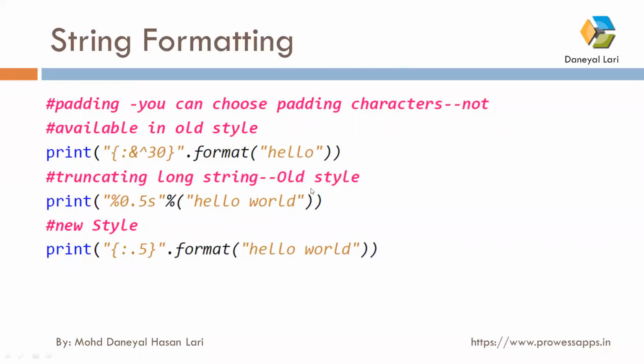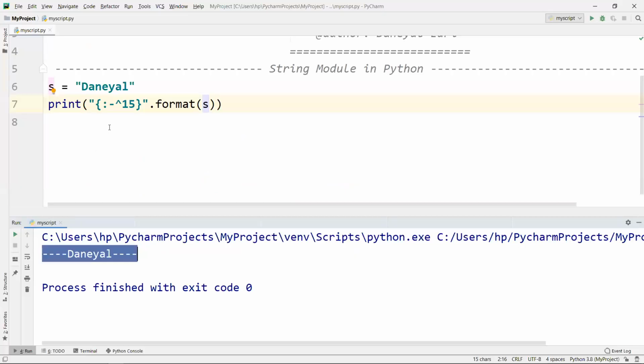If you want to truncate your string to a specific space, then you can truncate by using this syntax. This is the old way. So here you can write first of all percent, then s we write to print the value, and here we specify percent, and after that we write s.